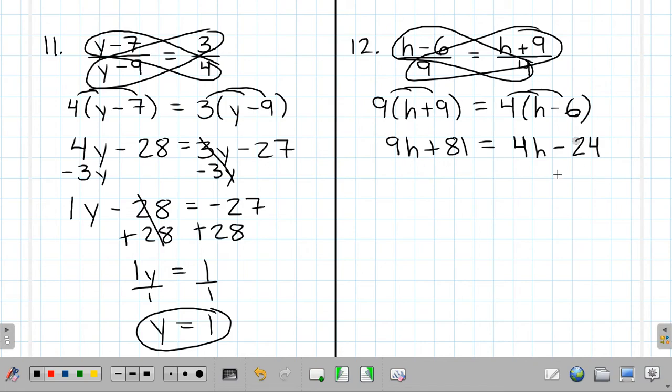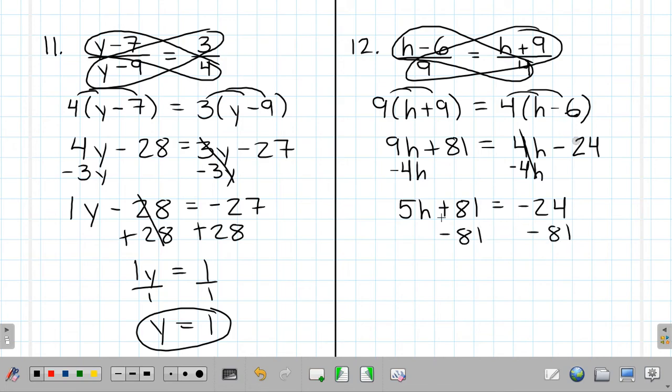Then once again, same steps. Minus 4h, minus 4h. 9h minus 4h gives me 5h plus 81 equals, those are going to go away, so that's negative 24. Then we're going to subtract 81, subtract 81. Bigger numbers here, so just be careful. 5h is equal to negative 24 minus 81.